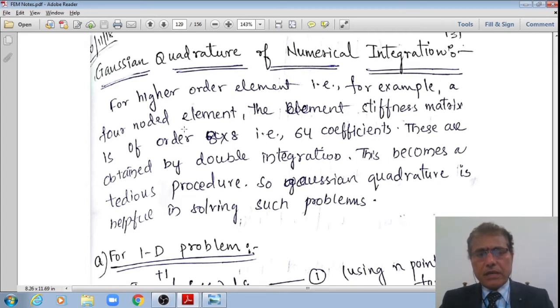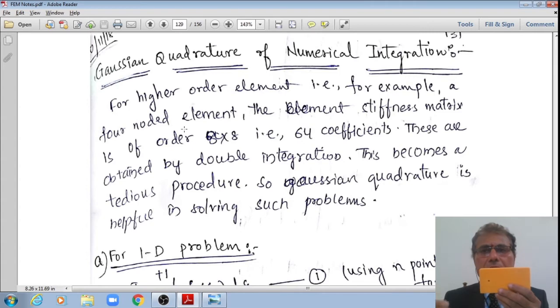In the previous video, we derived the element stiffness matrix, which was given by the double integration over area of B transpose D B dV, where dV is equal to the thickness of that four-node quadrilateral multiplied by its area.